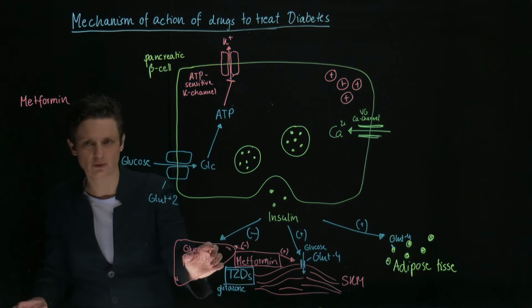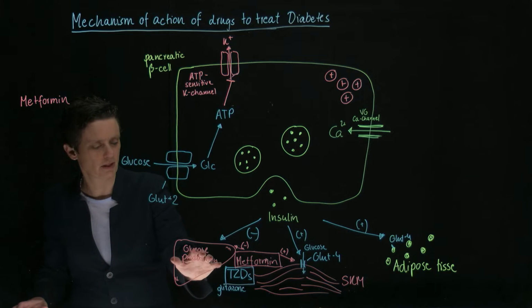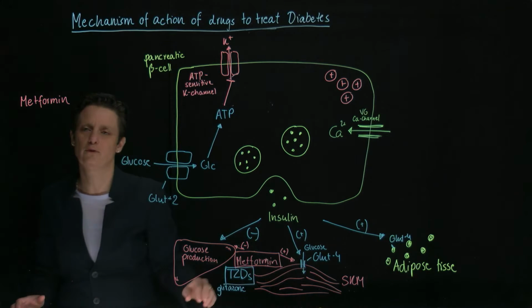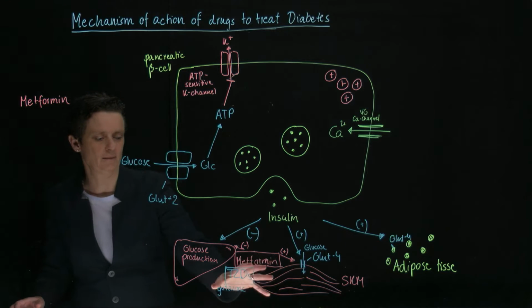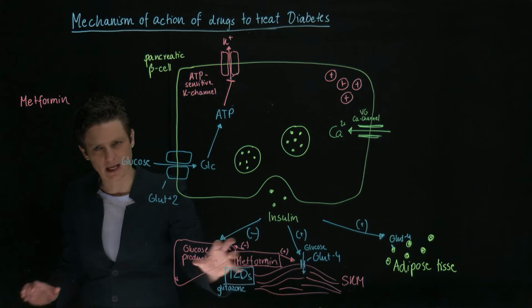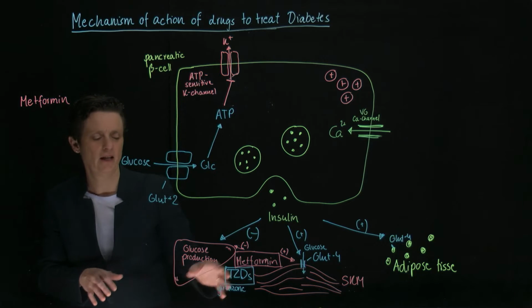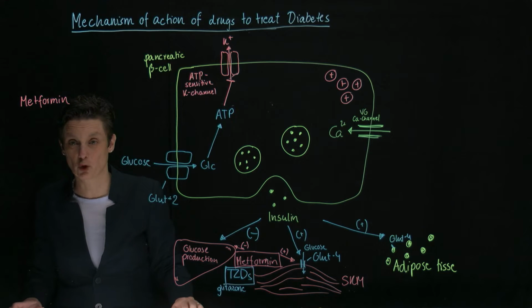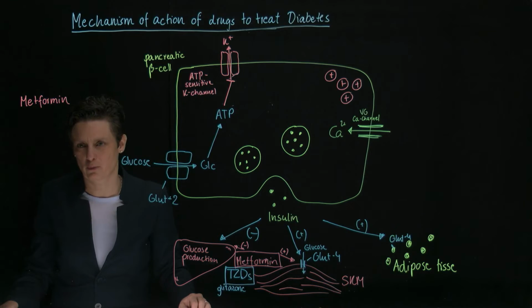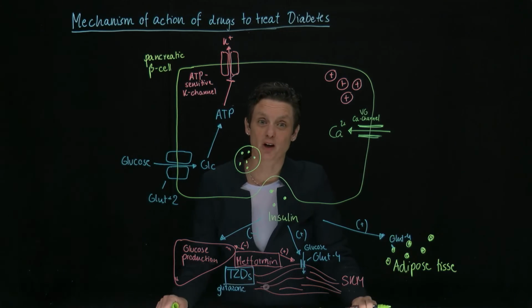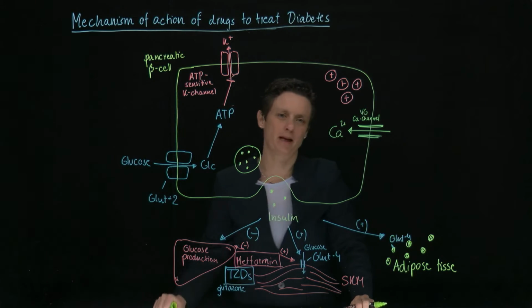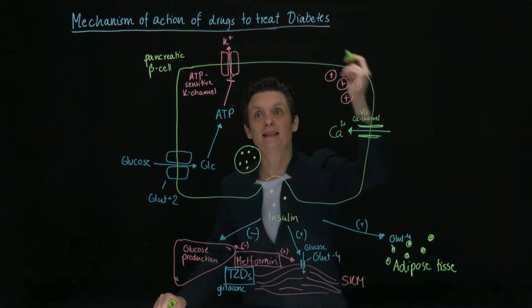They also lead to shutting down glucose production in the liver and increasing GLUT4 on skeletal muscle. So that's why I put them together. They have different targets than insulin, but in the end there is some convergence of the signaling, and they also help insulin work better.